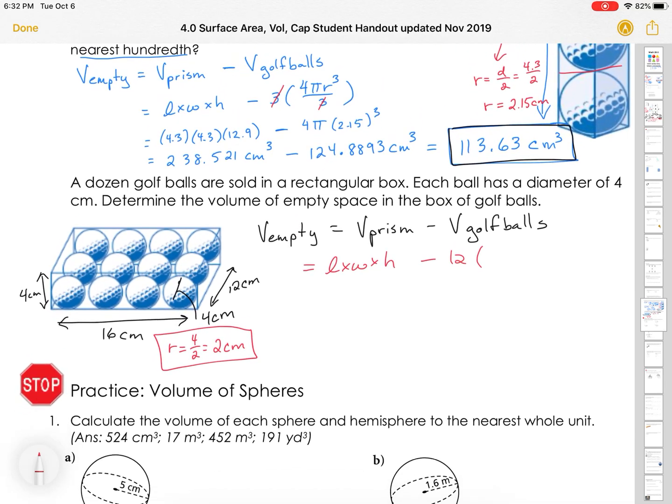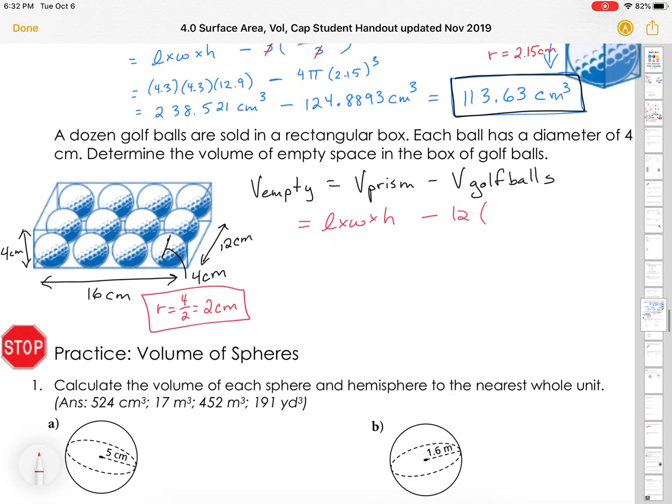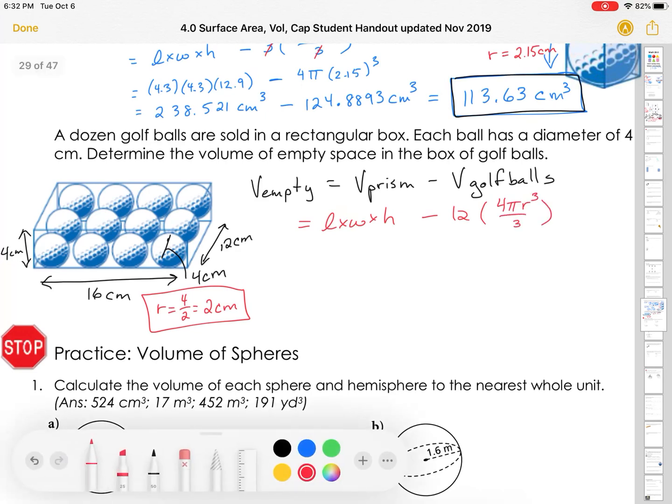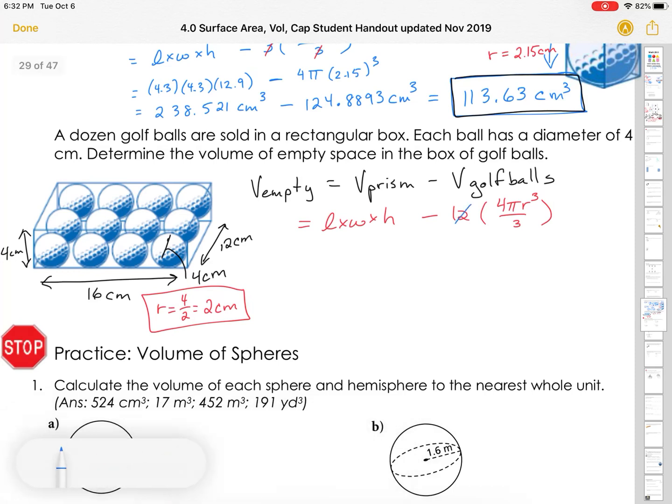So 12 times, and remember our formula for volume of a sphere, it's 4 pi r cubed over 3. Okay, now before we even do this, I can divide out. 12 divided by 3 is 4. Okay, so I might as well do that to make sure that I account for that, right? Do that little division there.